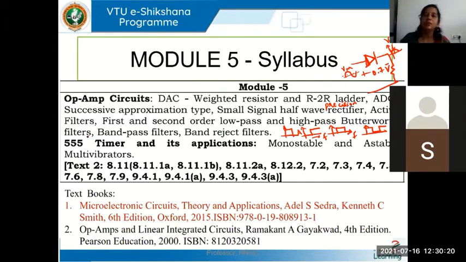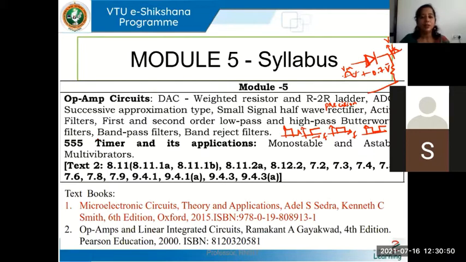Actually, internally, it will also use op-amps only. It will make use of 2 op-amps internally, along with a flip-flop and 2 transistors. That's why this 555 timer will also be considered under op-amp applications, but because of its versatility and usage, it found such a large response and so much usage that people brought it out as a separate IC.